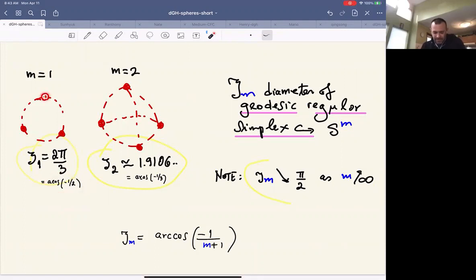It corresponds to the pairwise distance between 3 points corresponding to an equilateral triangle inscribed in S1. Zeta 2 is arc cosine of -1 over 3 and corresponds to the pairwise distance between vertices of a regular tetrahedron inscribed in S2. And notice that as m goes to infinity, zeta m goes down to pi by 2.